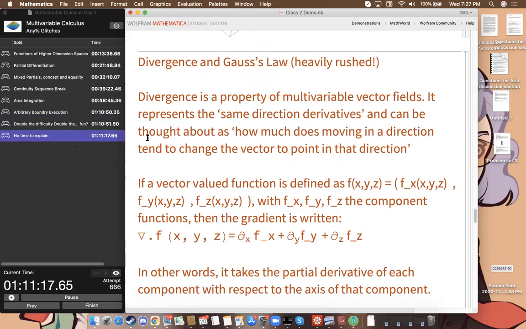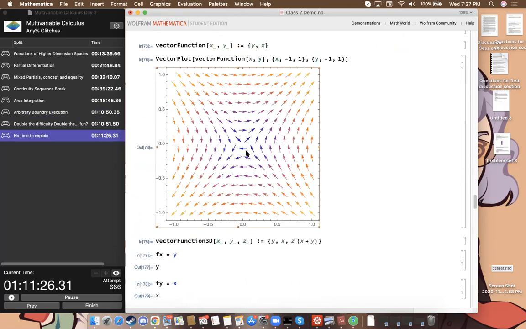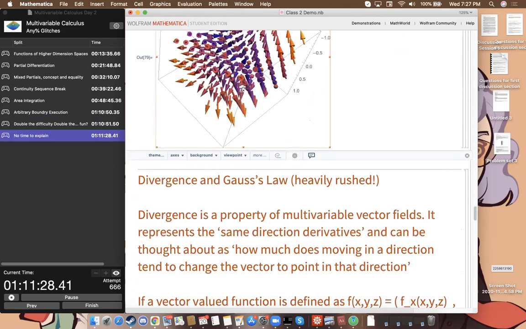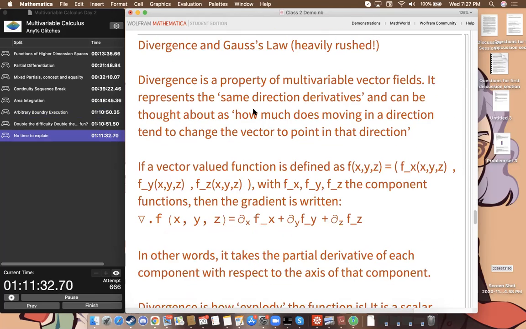It's not a property that a parametric curve has, and it's not a property that a surface like this has. It only exists for these, and it only exists for these because it's basically an idea of how exploding a function is.